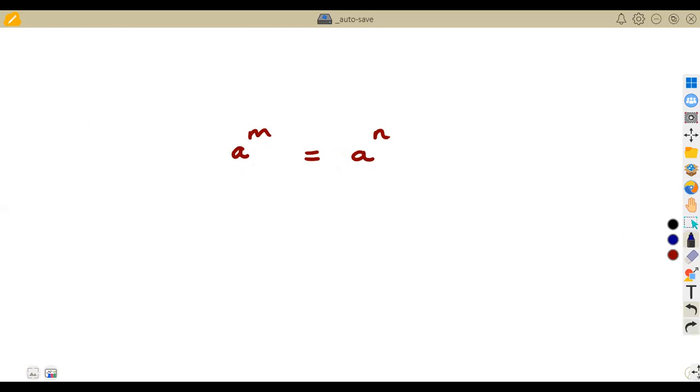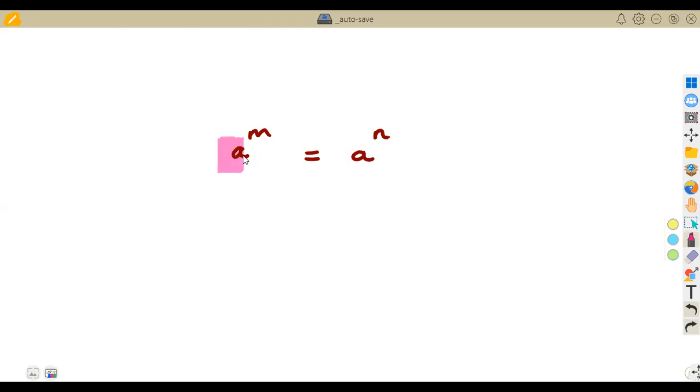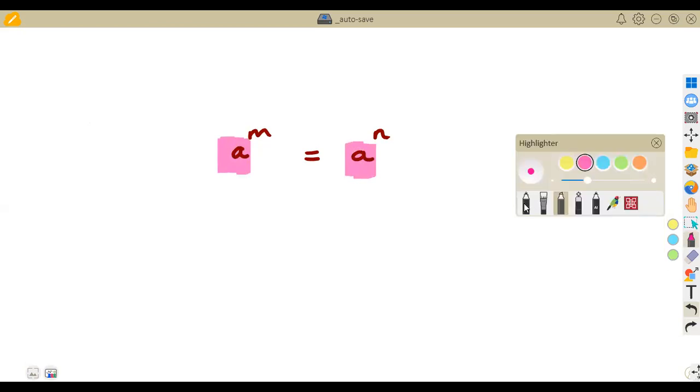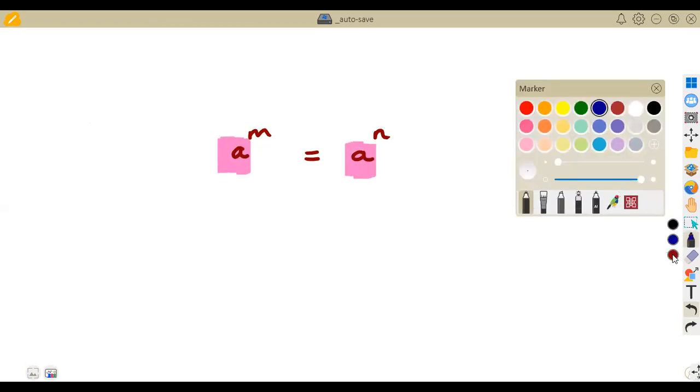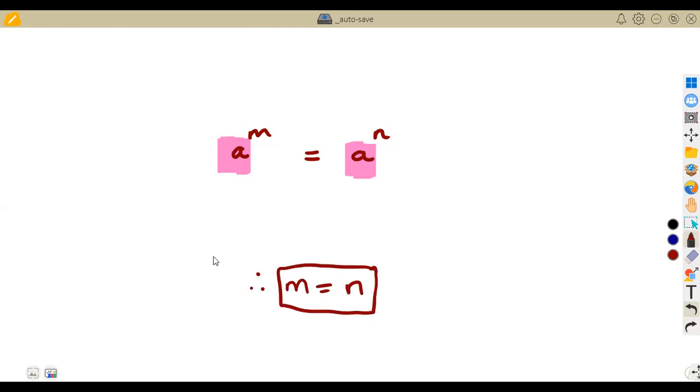So it follows that the exponents should be equal also. Let me just indicate what I'm trying to say. This base here and this base here are the same. So once you see that, what does it mean? It means the exponents should be equal. So therefore, m must be equal to n.